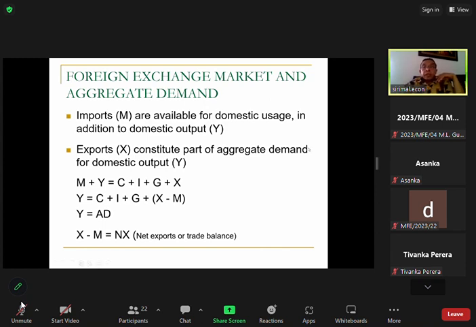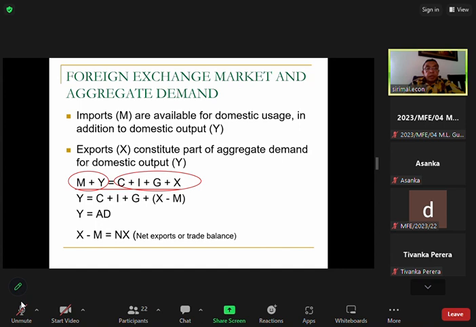Therefore, we write our aggregate demand in this way, because this is our supply side. We have imports plus Y, and this is our demand side.